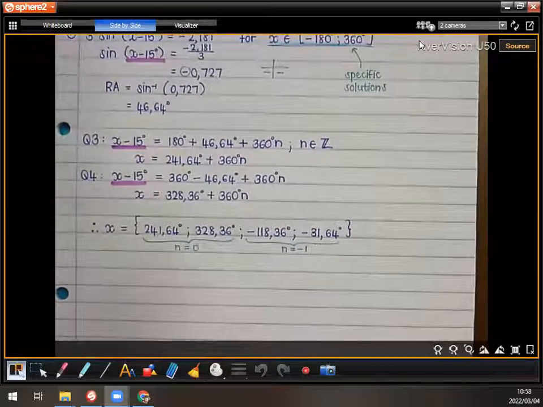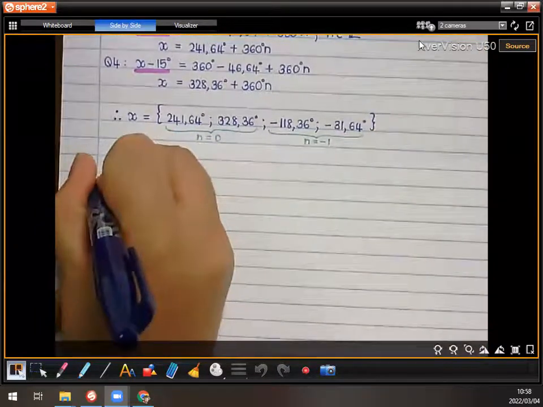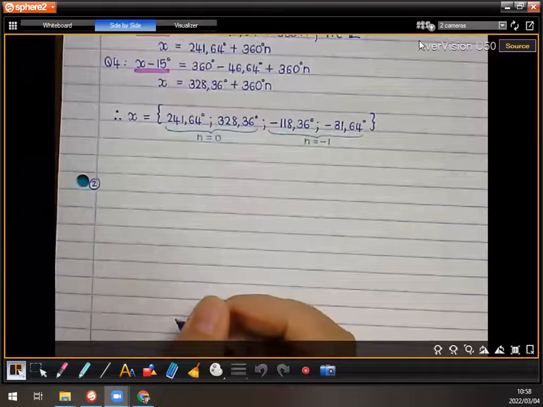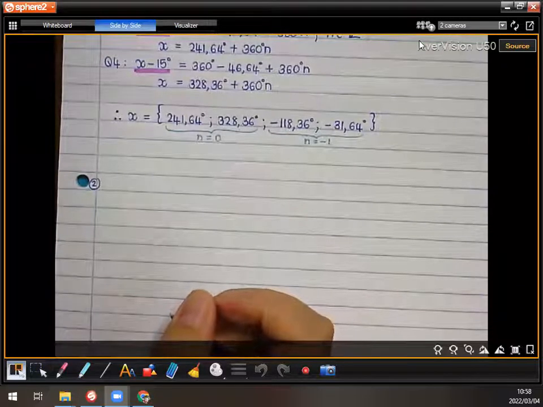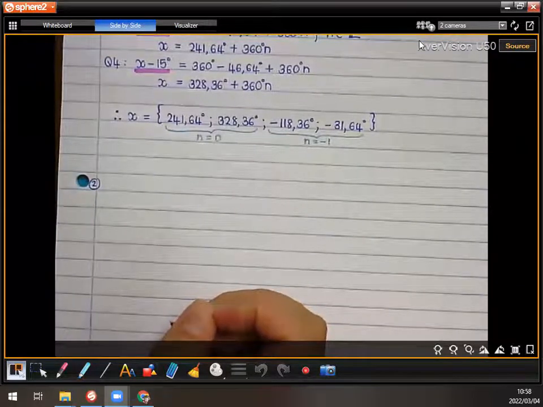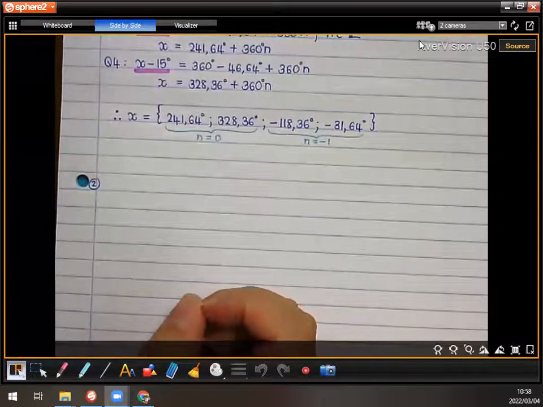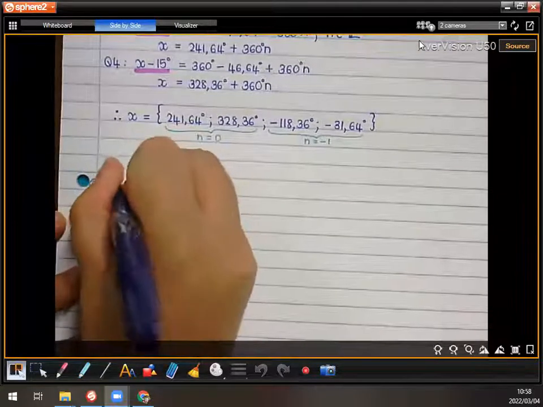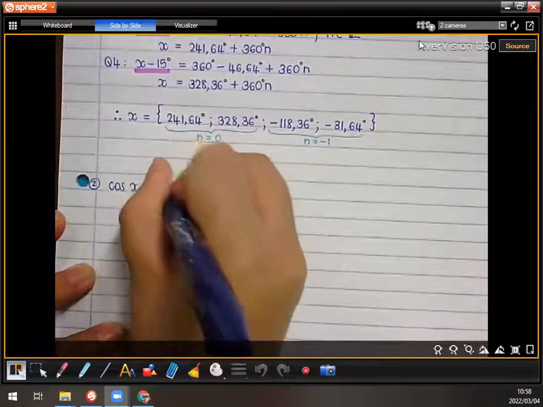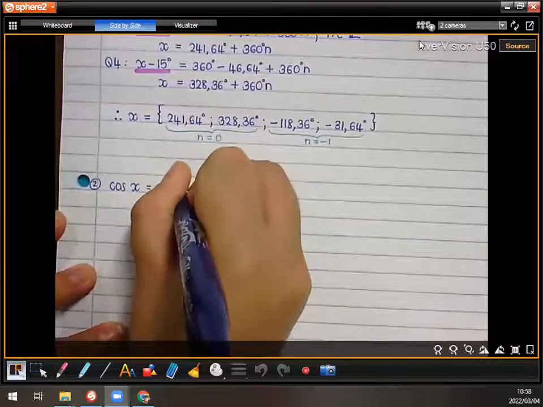Okay, what if we have something like this? Question 2. Cos x equal to sine 40.